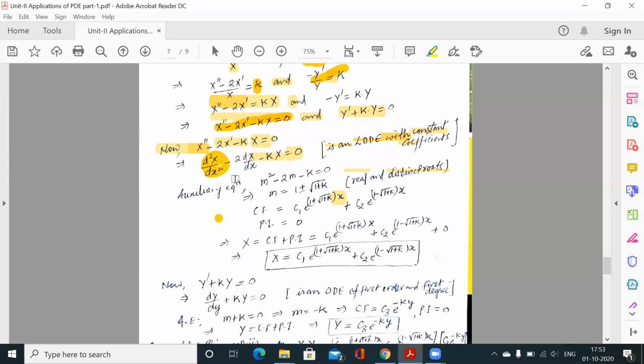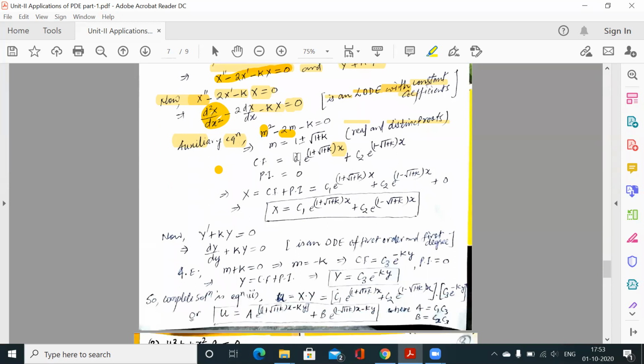For this you need to get the CF and PI. For the auxiliary equation, we replace d by m. So d square becomes m square, minus 2d means minus 2m, and this is minus k, equal to 0. This is the auxiliary equation.